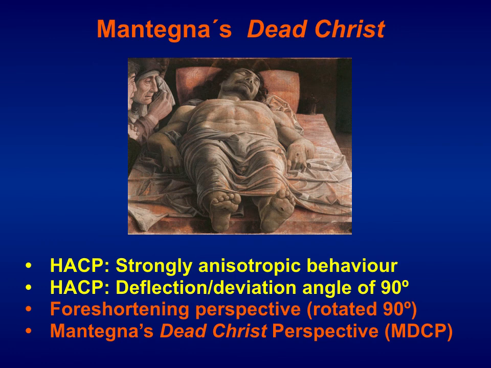Because in hydrogen-assisted cracking paths we have a strongly anisotropic behavior in heavily drawn steels, and regarding hydrogen-assisted cracking paths of this commercial prestressing steel, heavily drawn, we have a deflection deviation angle of 90 degrees to have propagation by fibers or plate debonding in the direction of cold drawing. Y-axis of cold drawing direction.